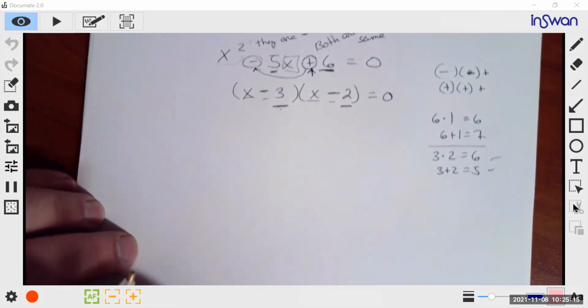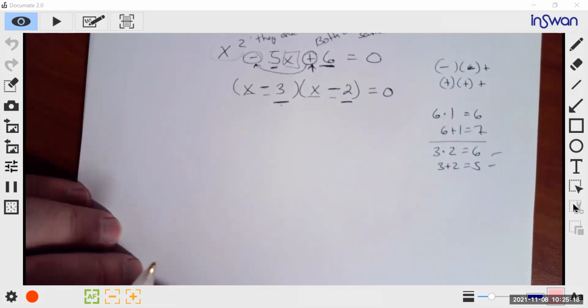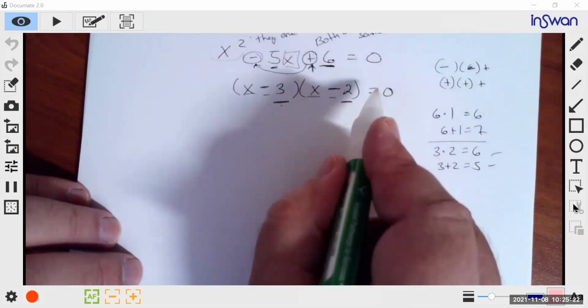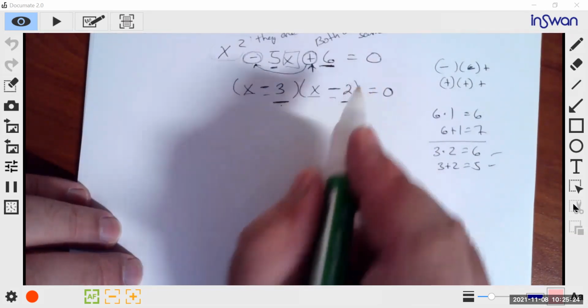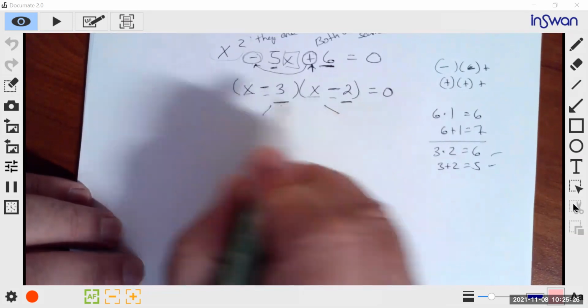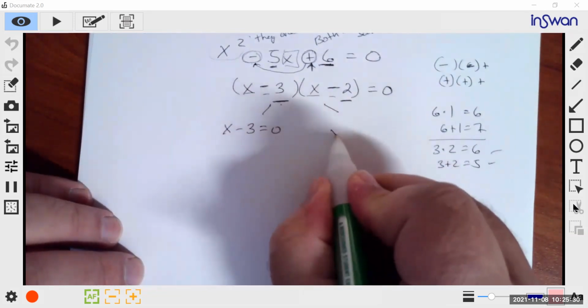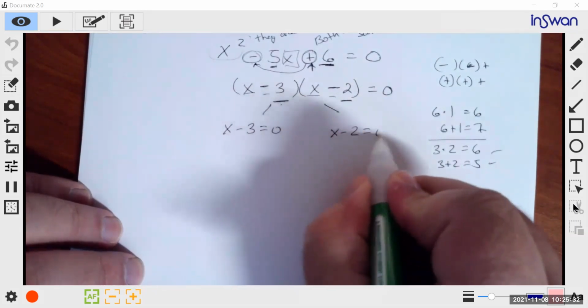Are we done? No. Because there's an equal sign, we're not done until x equals a number. So we take both of these answers and set them equal to 0.